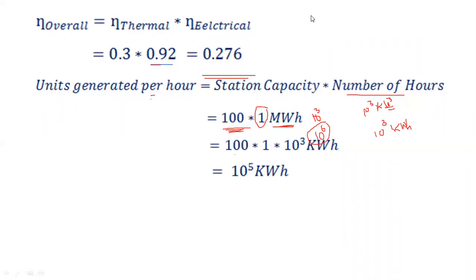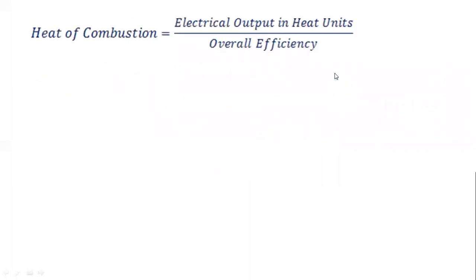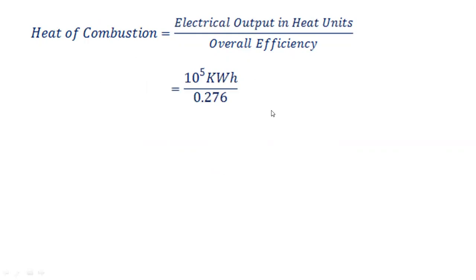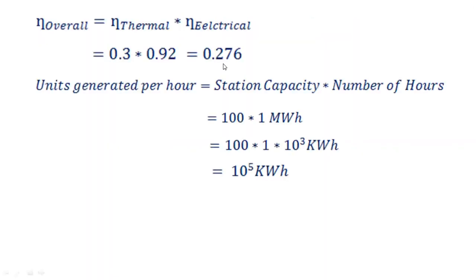Now all the data is available and you can substitute here. For the heat of combustion, we want to find out, for 1 hour, the electrical output in heat units with respect to the overall efficiency. We have already found the electrical output in heat units is 10 to the power of 5 kWh, and the overall efficiency is 0.276.